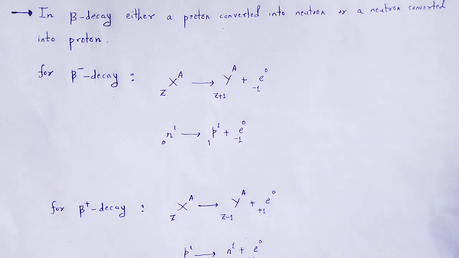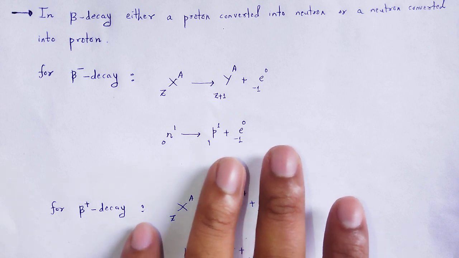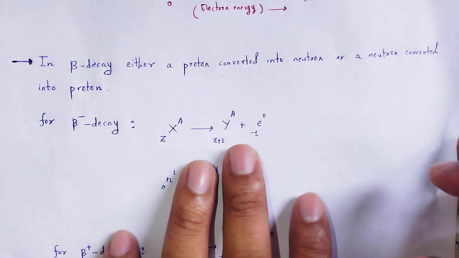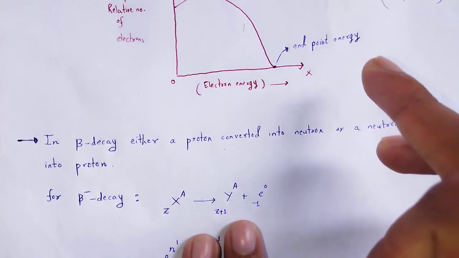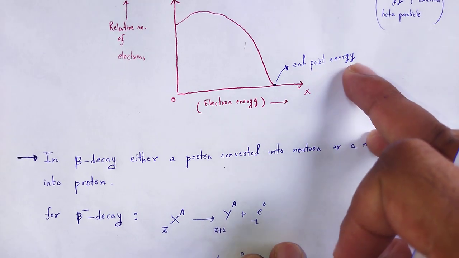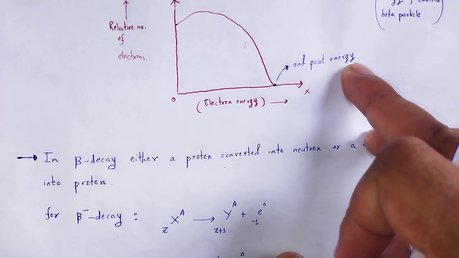In this decay process, we obtain the energy. The energy is always the maximum amount of energy, which is the endpoint energy.